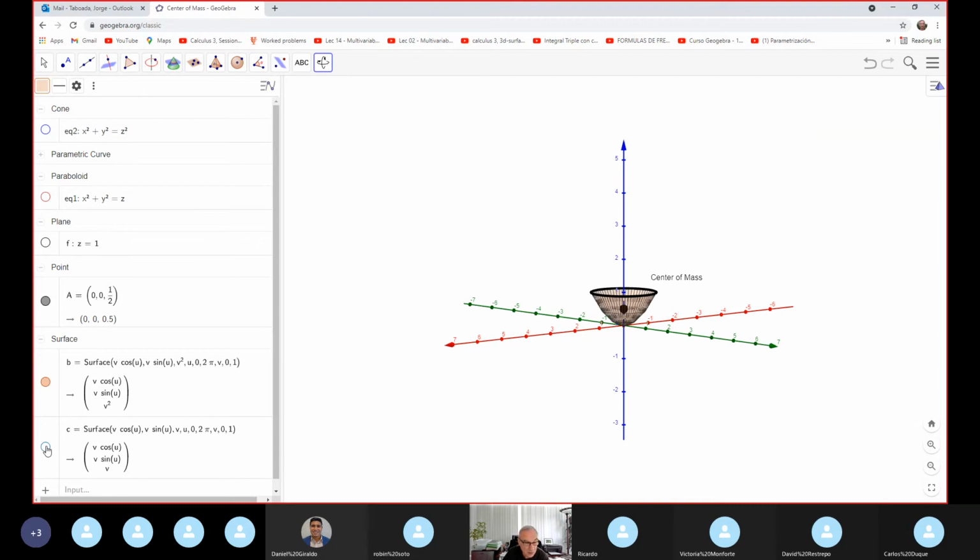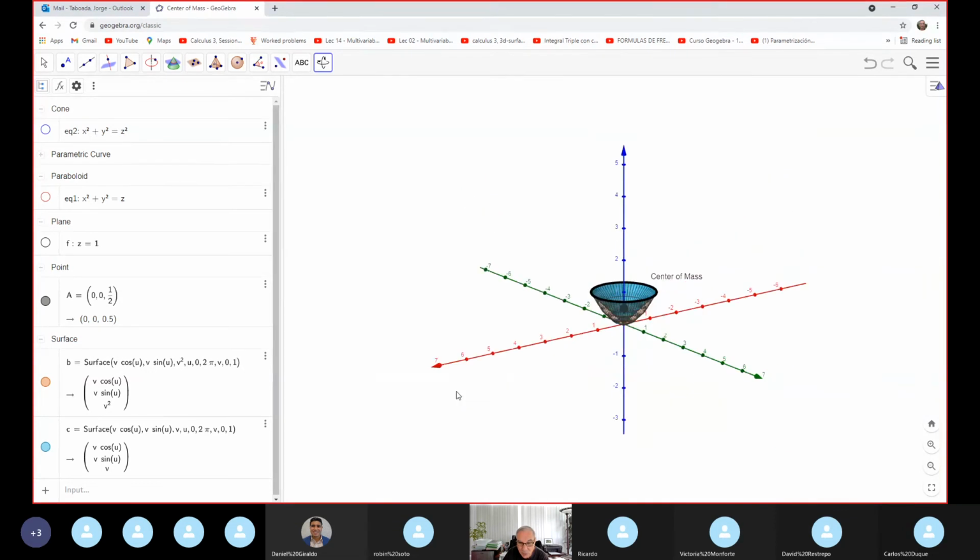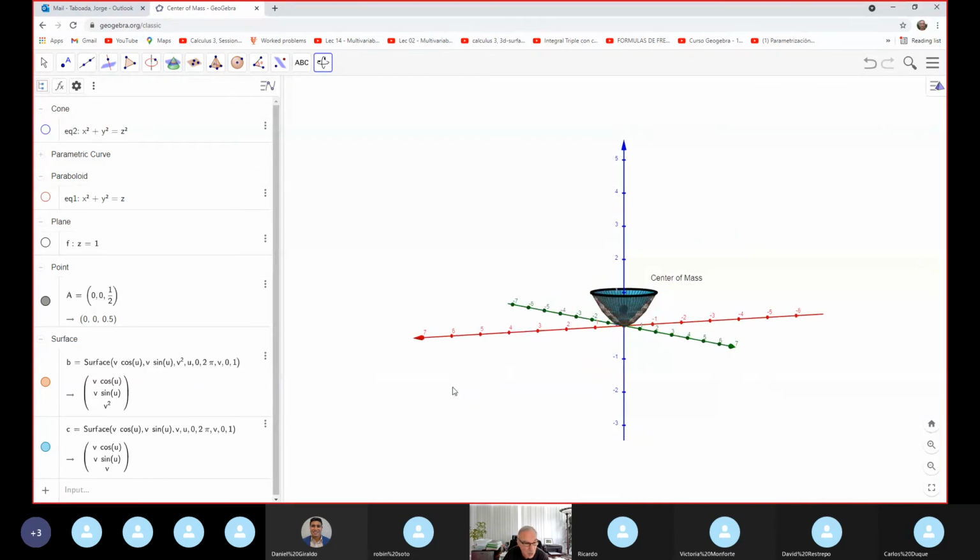Okay, the paraboloid is almost a contact lens. Almost. The outer wall is the paraboloid, look, and the inner is the cone. Okay, this is our solid.